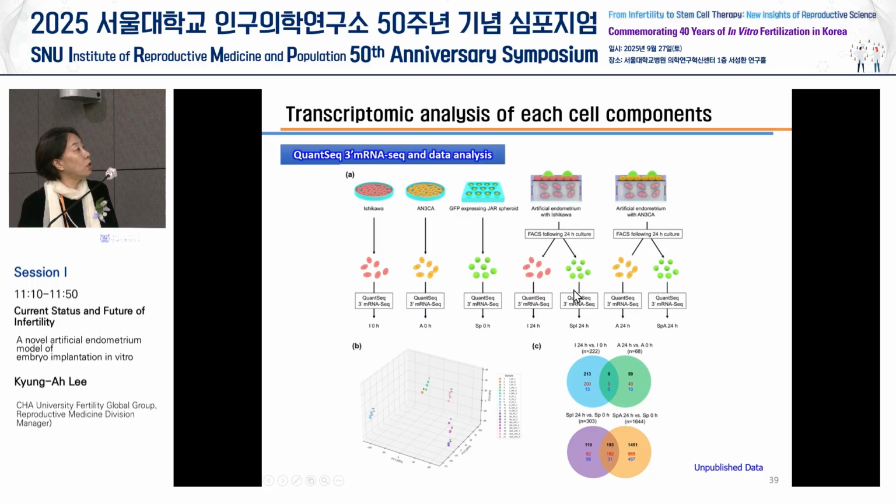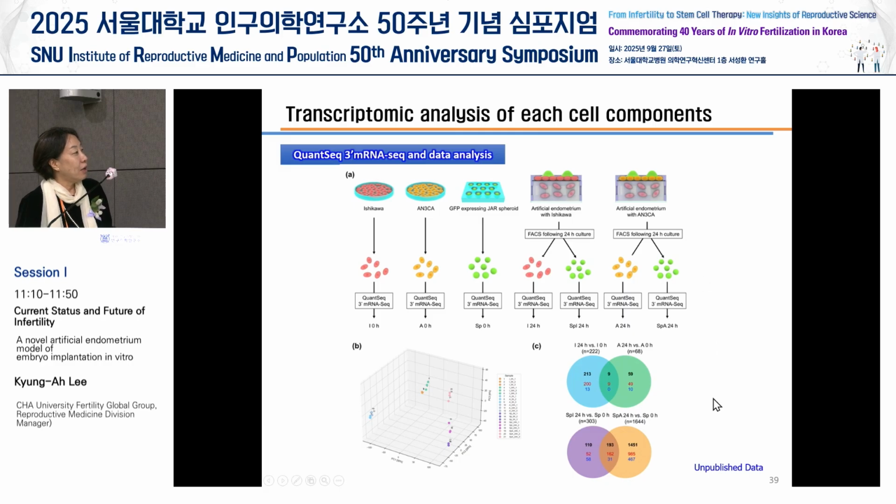After the culture, she did RNA-seq to see what happened between the cells. At the initial time point, and then after cell-to-cell communication for 24 hours, she separated Ishikawa and spheroids, and AN3CA and spheroids, and compared their gene expression. I'm a simple person, so I thought that in AN3CA, the non-receptive one, nothing would happen.